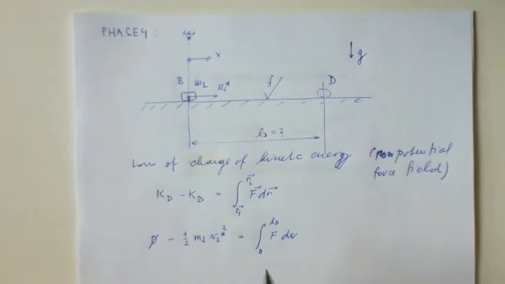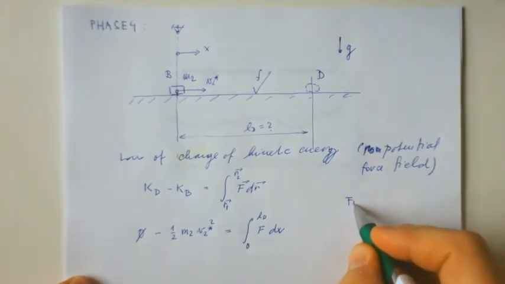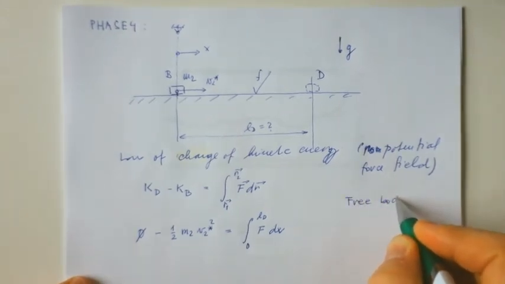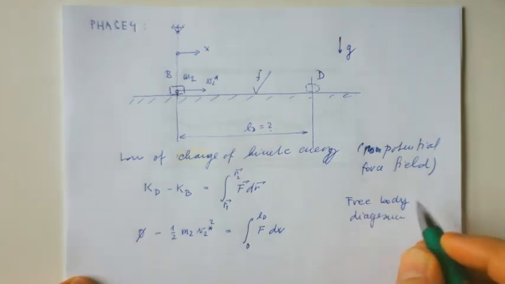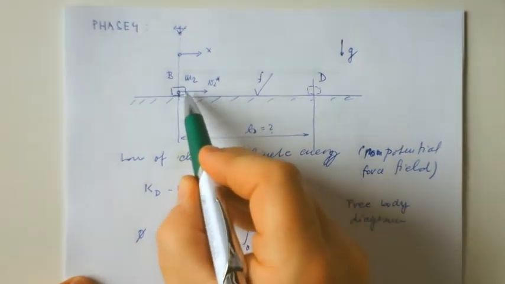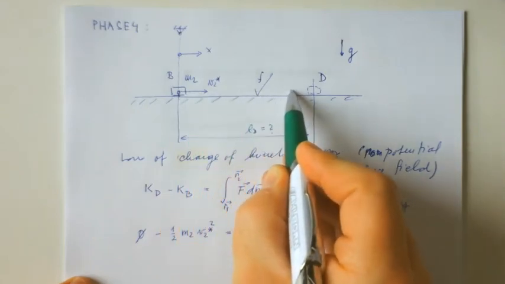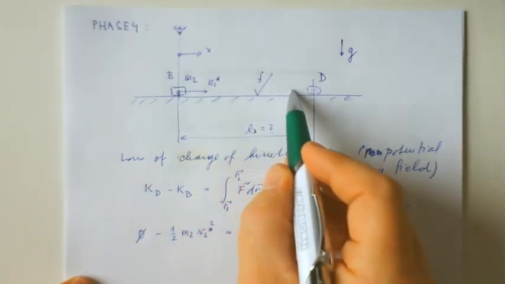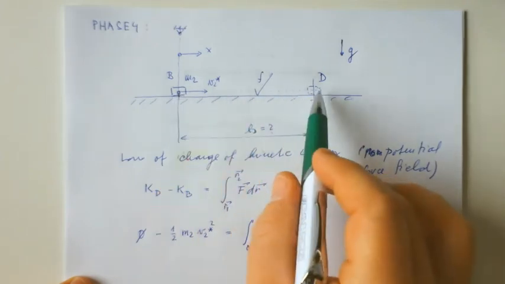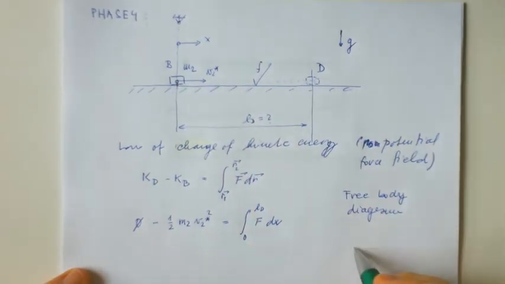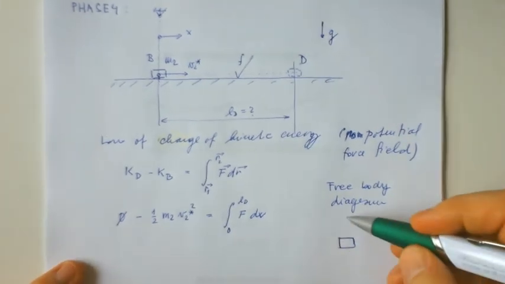So we must calculate the resulting force acting on the particle. So we must draw a free body diagram somewhere at a general position, anywhere between the beginning and end of the motion. Which forces are acting on the particle?